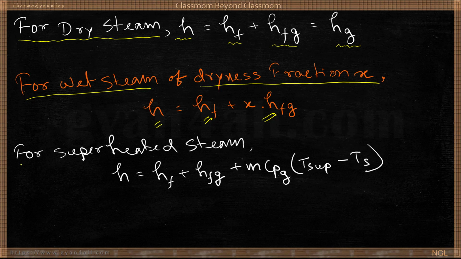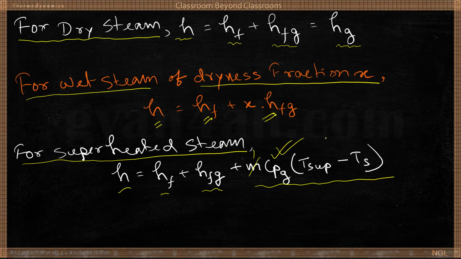Now for superheated steam, what do we get? H superheated steam is Hf plus Hfg plus the rest. After dry steam, how much heat is added? m Cpg (T sup minus Ts). This m will always be 1 for per unit mass.